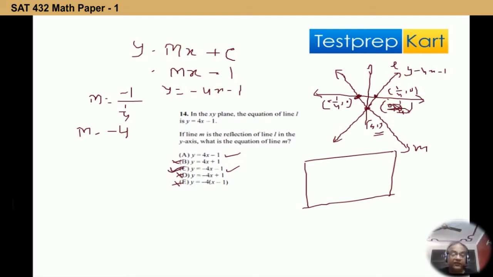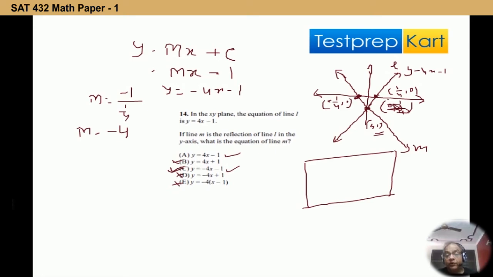Let me explain it again. The equation of the line is y equal to 4x minus 1, which passes through 0, comma negative 1 and 1 by 4, comma 0. Now the reflection of this line on the y-axis is something like this: this part becomes this, and the lower one is this one. This is the new line m.